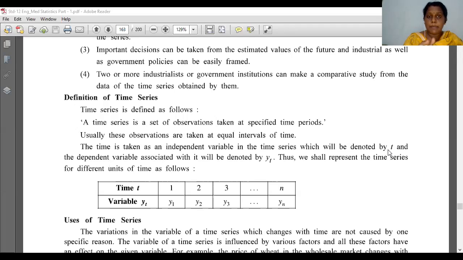X is independent and Y is dependent. So here we will talk about the dependent variable, which is denoted by yt. Thus we shall represent the time series for different units of time as follows: first t, then yt.